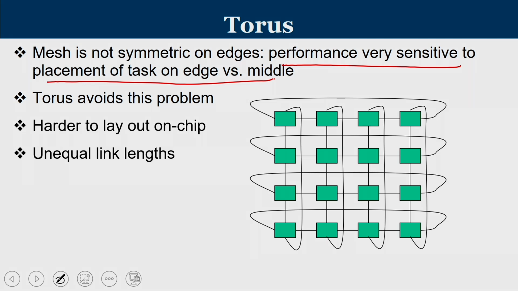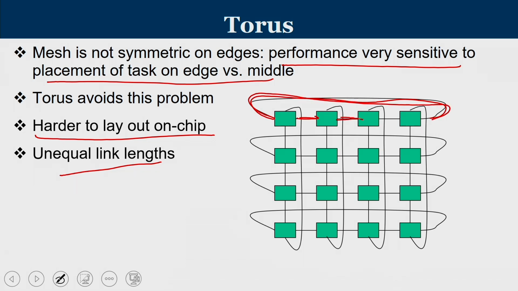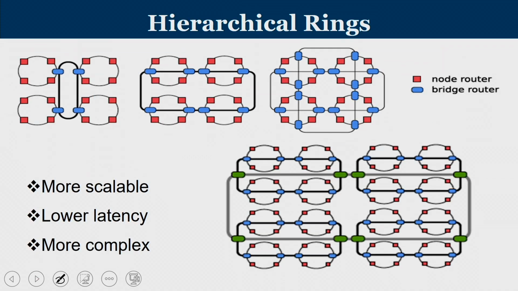This torus is a little hard to lay out on the chip because of this special link that goes to the other end and comes back. You have unequal links, so some links will take a short time, maybe 1 cycle, whereas these links are going to take more time, this can be n cycles. So, handling of these variable length links is yet another design issue in torus.